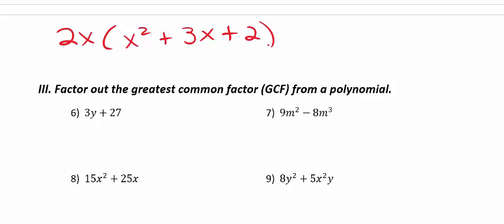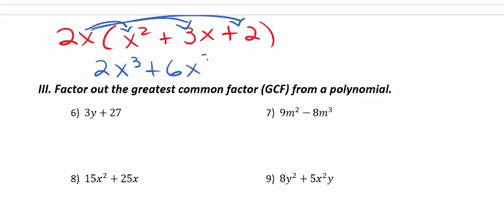When we use the distributive rule, we take 2x and multiply it by each term inside of the parentheses, and we get 2x cubed. Here we add the exponents. Then 2 times 3 is 6, x times x is x squared, and 2x times 2 is 4x.